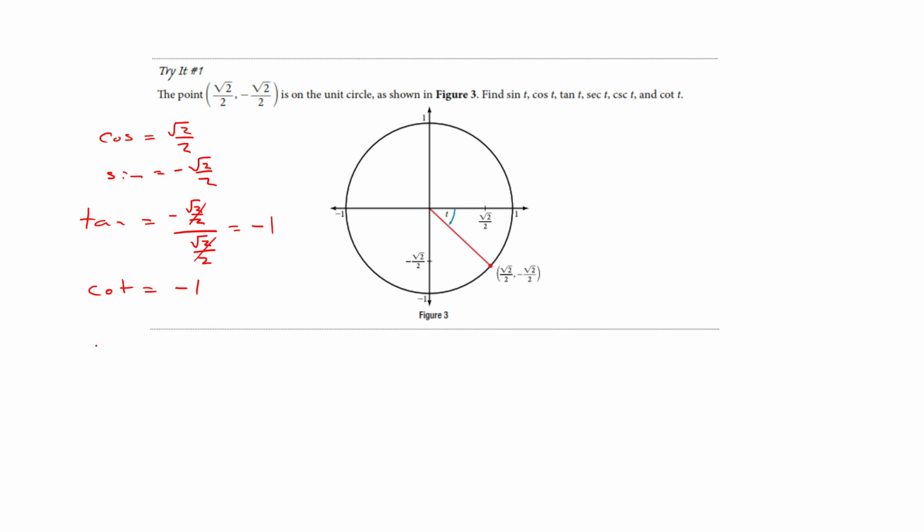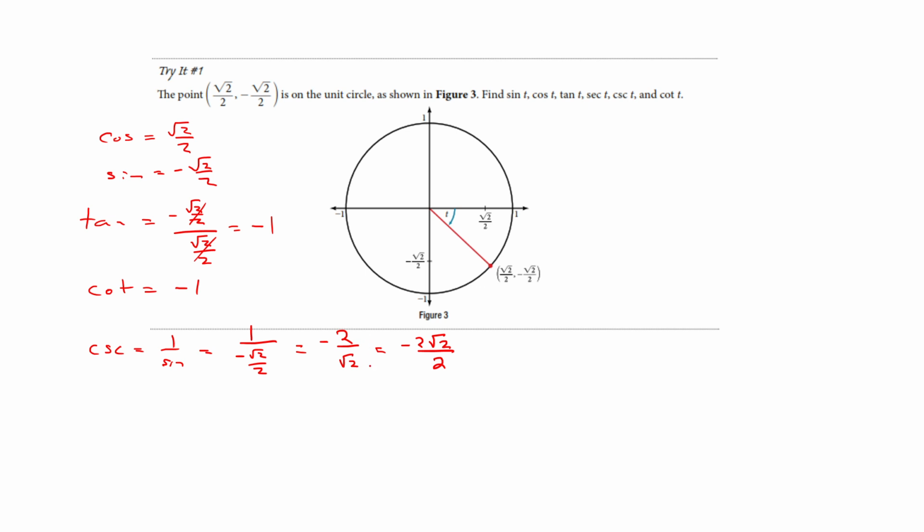Okay, so let's do cosecant, which is 1 over sine. So that's 1 over negative square root of 2 over 2. Being in the denominator here just flips that upside down. We rationalize this. We're going to get negative 2 square root of 2 over 2. So remember, that's multiplying the top and the bottom by the square root of 2.